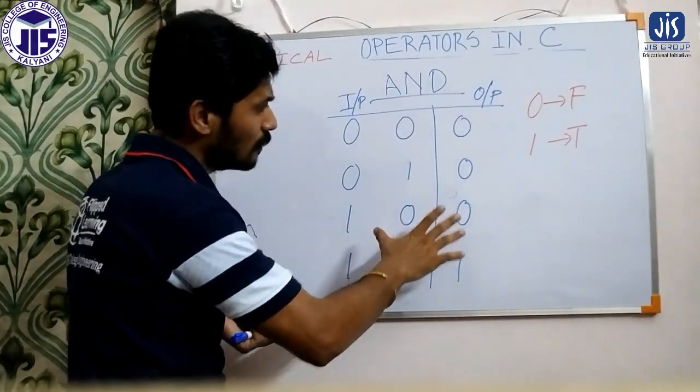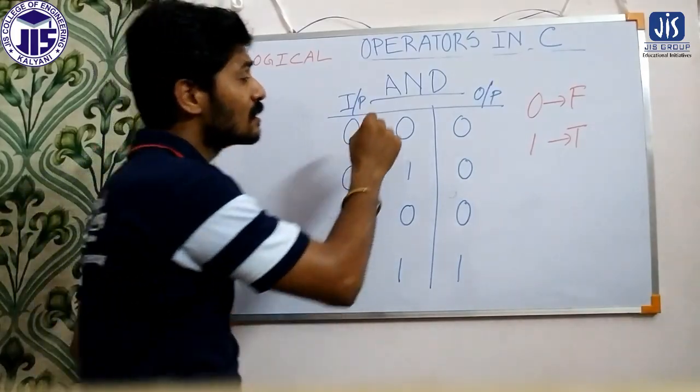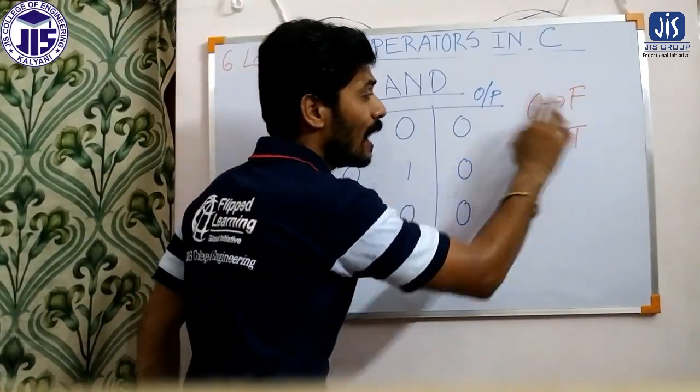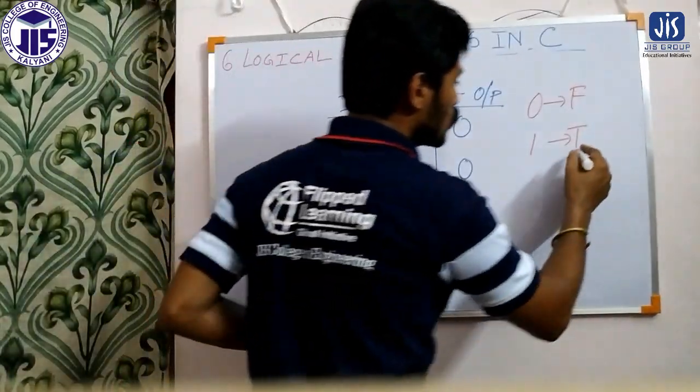So in this truth table, just let me replace the zeros with F and the 1s with T, that is true.